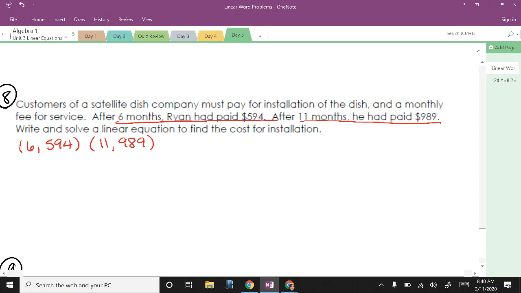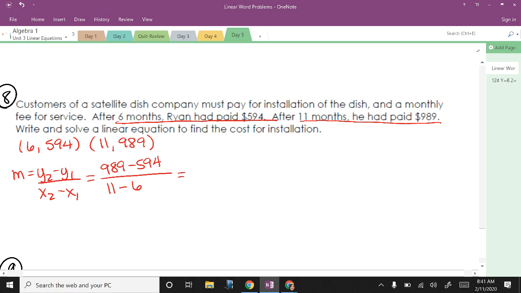So we've got to come up with M and B on our own, right? And Taylor just told me how to find M. M equals y2 minus y1 over x2 minus x1. Y'all with me? What is y2? 989 minus what is y1? 594 over what's x2? 11 minus x1. 6. Calculators are our friends.